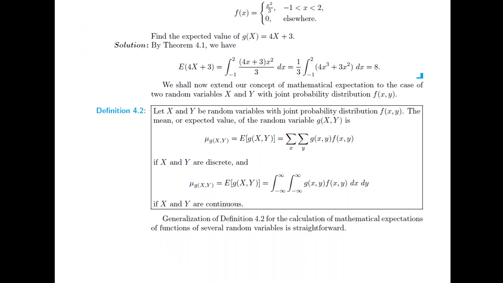Generalization of Definition 4.2 for the calculation of mathematical expectations of functions of several random variables is straightforward.